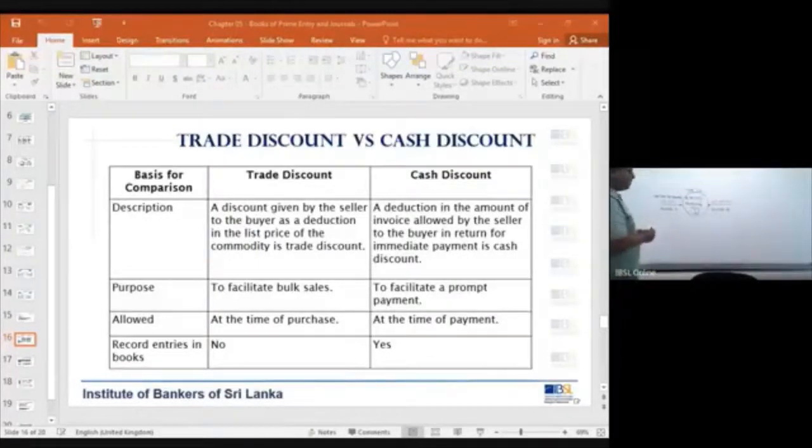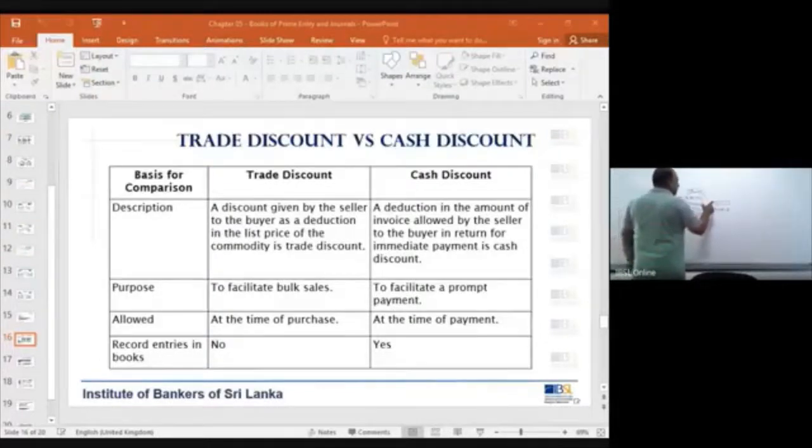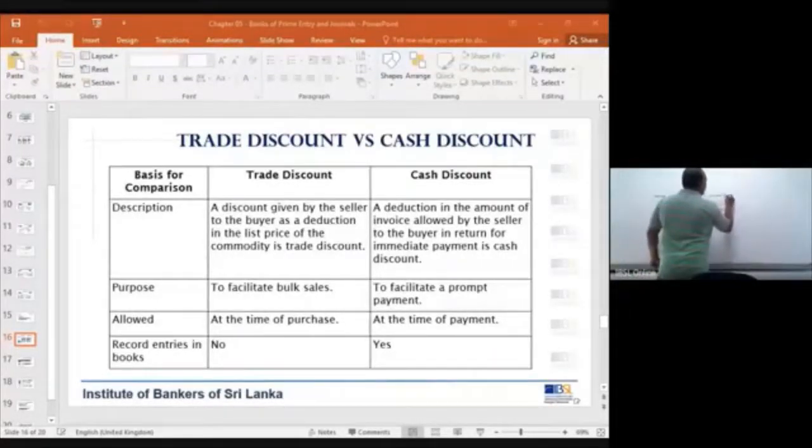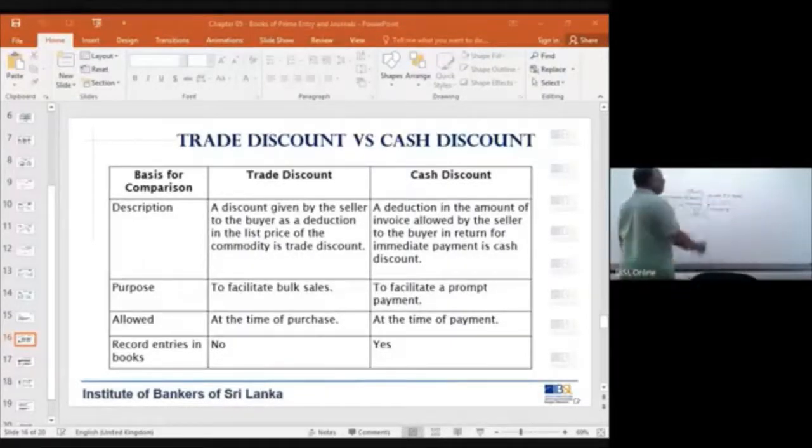So in turn, this company says, look, if you are buying 50 units from me, I'll give you each at rupees 72,000. So there is a clear difference between the two transactions.